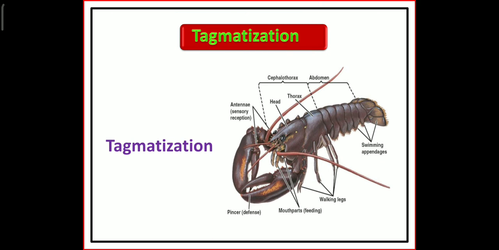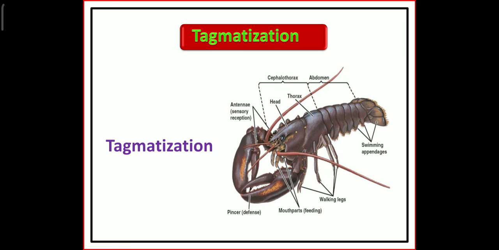If you look at the figure here, in arthropod animals, the body is segmented, or metamerism is found, but each and every segment is not similar in structure, and some segments of the body are fused together to form a specialized body part to perform a specialized function. These particular regions are called tagma, and this type of tagmatization is mainly found in the phylum Arthropoda.